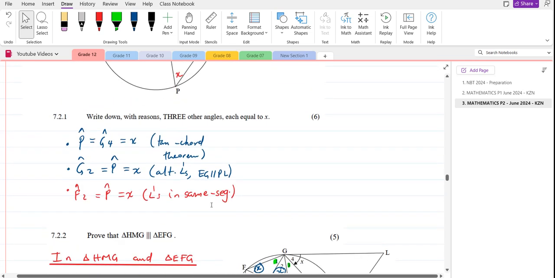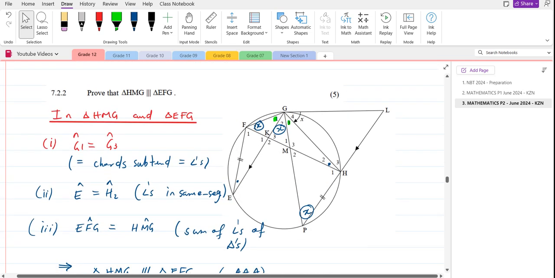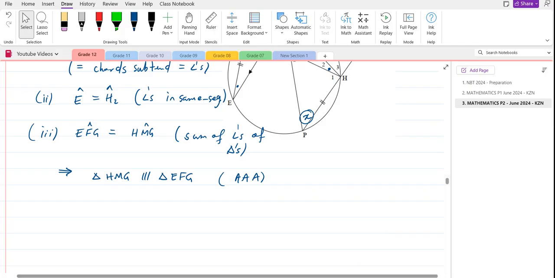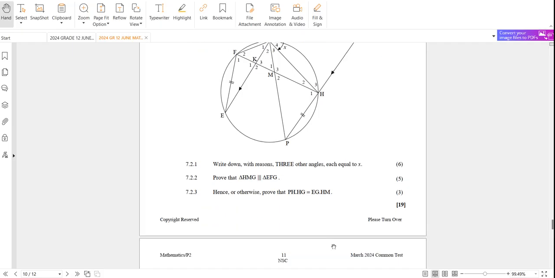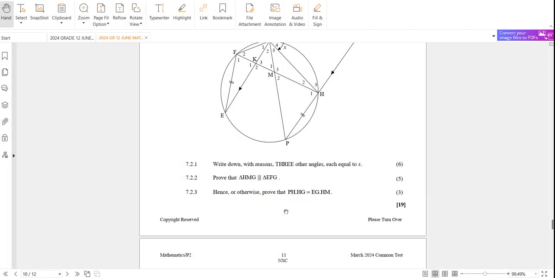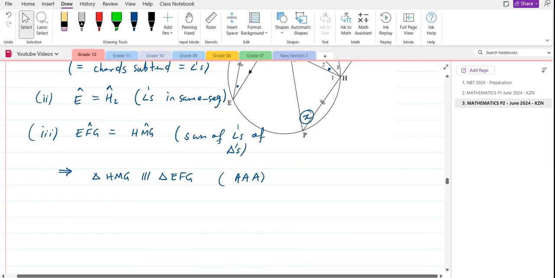Right, so those are similar triangles. Nice. So let me just mark this as well. That's part 1, part 2. 1 is similar to 2. Now let's look at our next problem. Hence or otherwise prove PH times HG. Right, so hence or otherwise prove.